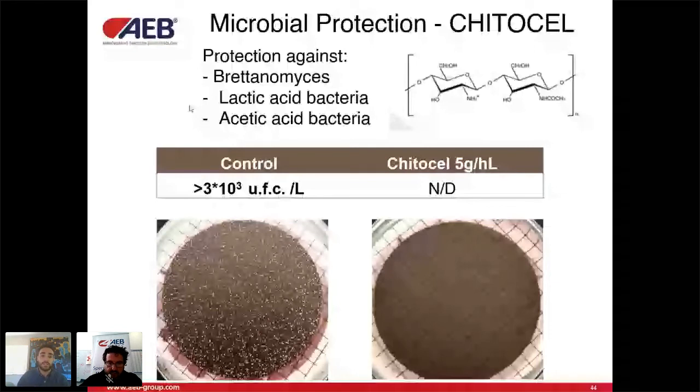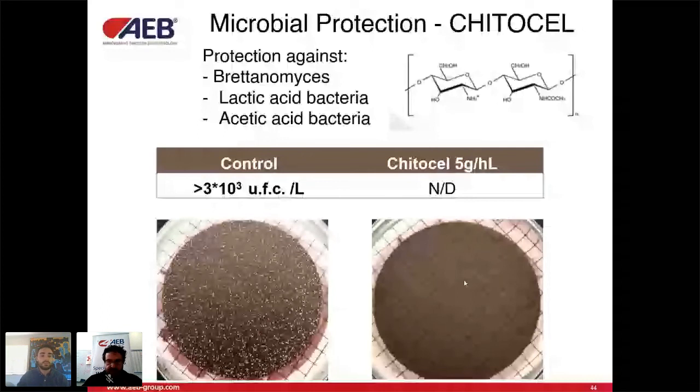As you can see here, this was a contaminated wine before the addition of chitosan, and here it is after the addition of chitosan. So chitosan helps you reduce the spoilage microbial load of your wine, and so can help you reduce SO2 usage, improving the quality of your wine.